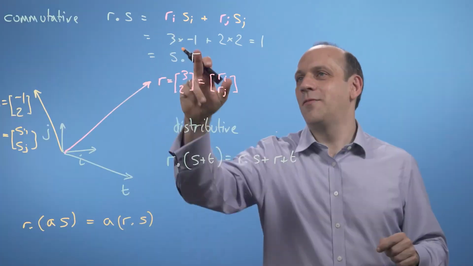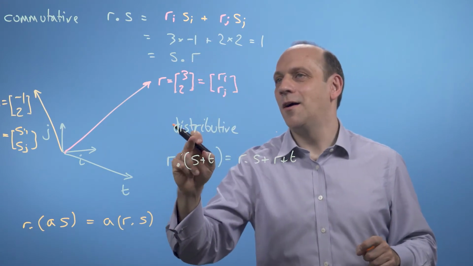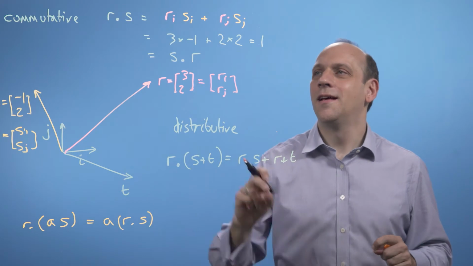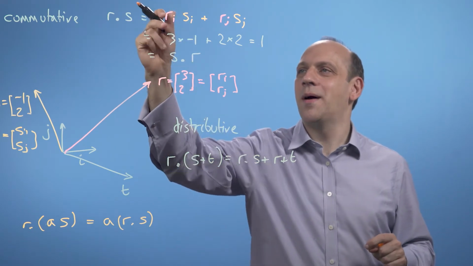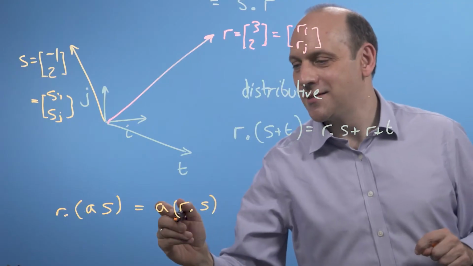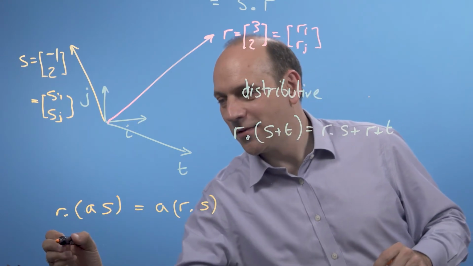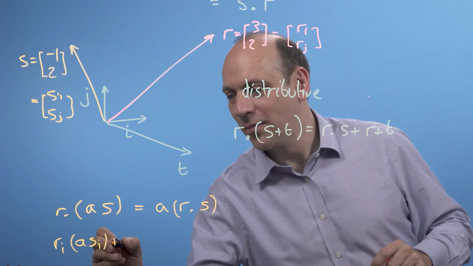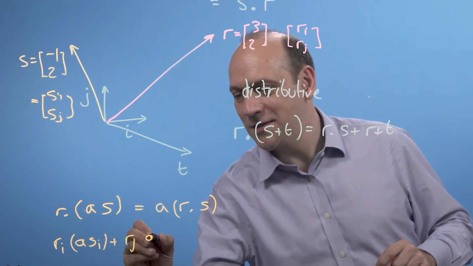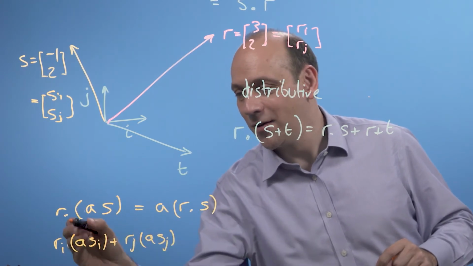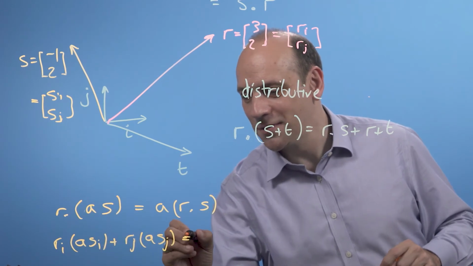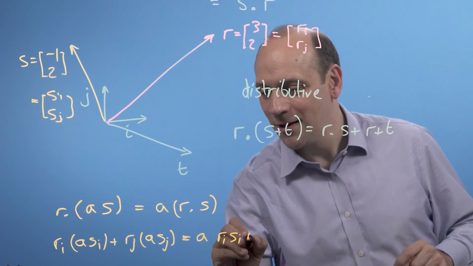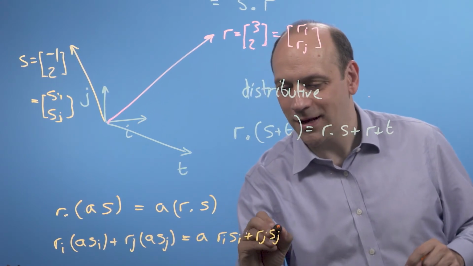Because if we multiply s through by a number a, we're just going to get the number a come out of all the components. So that's going to be, if we do it, ri times a si plus rj times a sj. That's the left-hand side. And that's equal to a times (ri si plus rj sj).